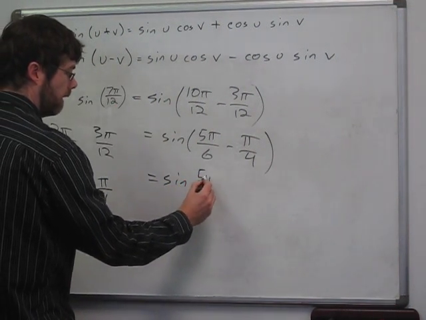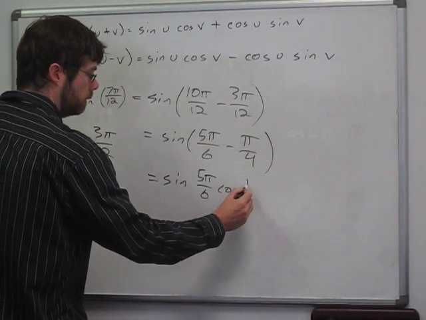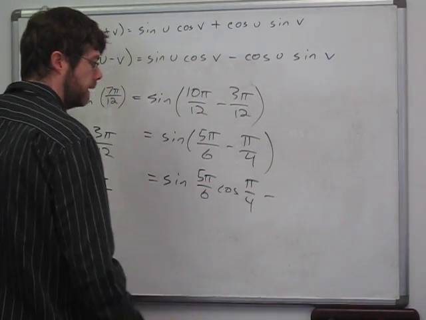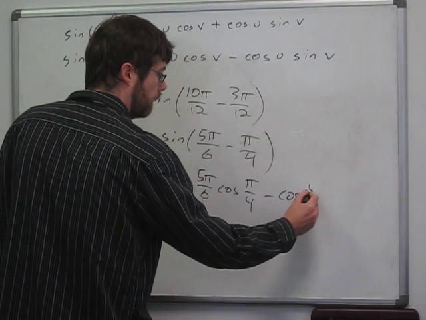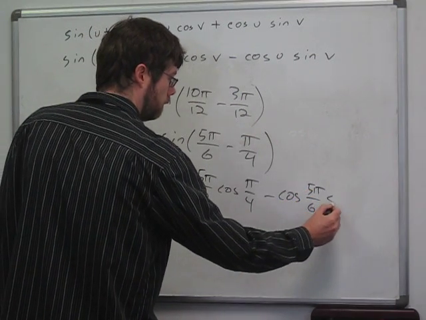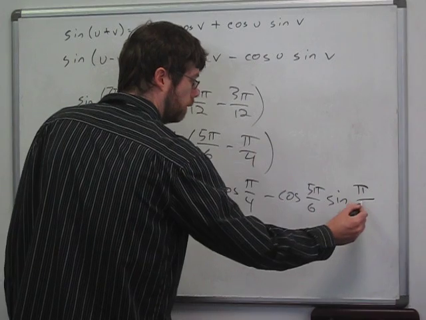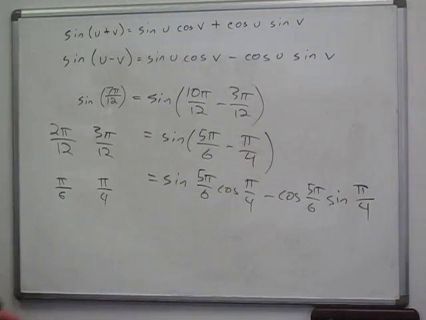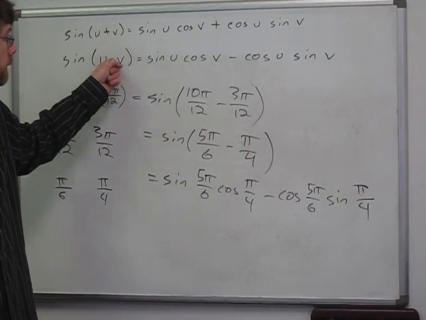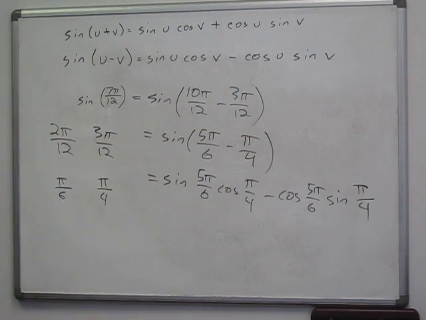This is the sine of 5 pi over 6 cosine pi over 4 minus cosine 5 pi over 6 sine of pi over 4. Right, since we're using the angle difference formula for sine, we have a minus in the middle.